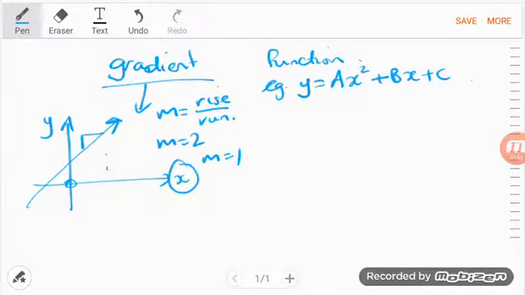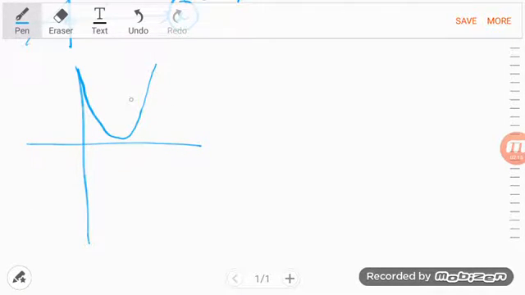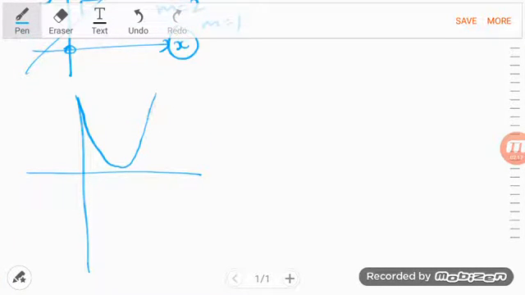However, not all our graphs are like this. We could have a parabola. We could have a shifted parabola. And on this, there's no 2 points on a parabola where the gradient is the same.